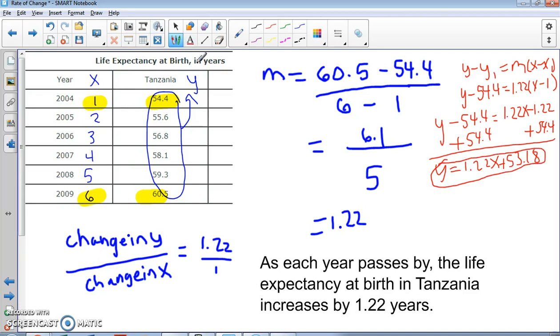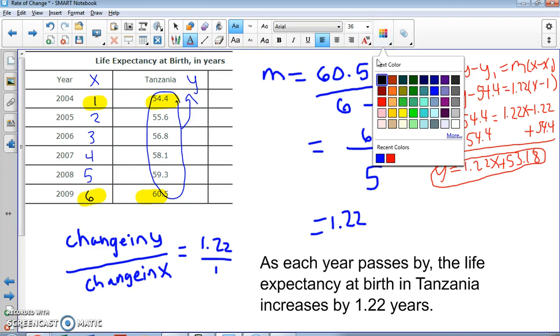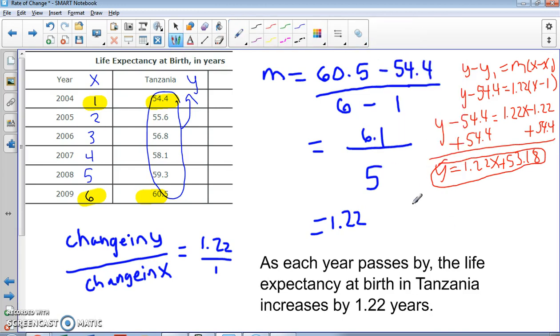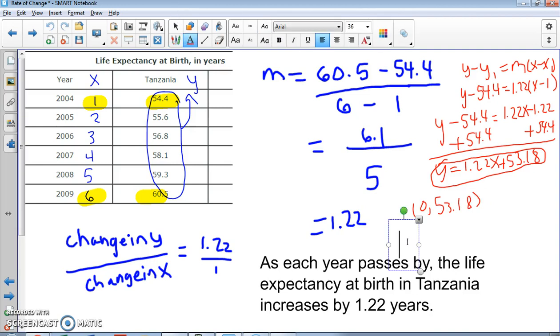Right, so we also can go in and interpret our y-intercept. So remember our y-intercept is 0, comma, the y-coordinate here. And an x value of 0 would be the year 2003, since 1 represents 2004.